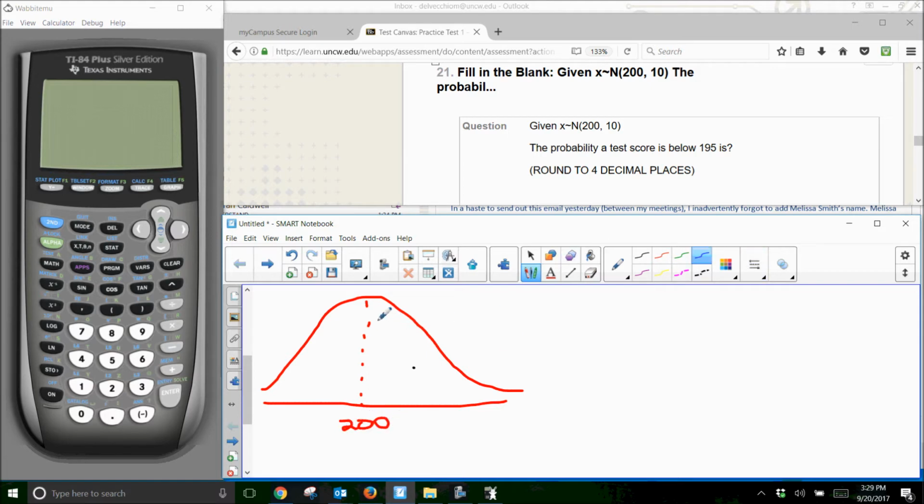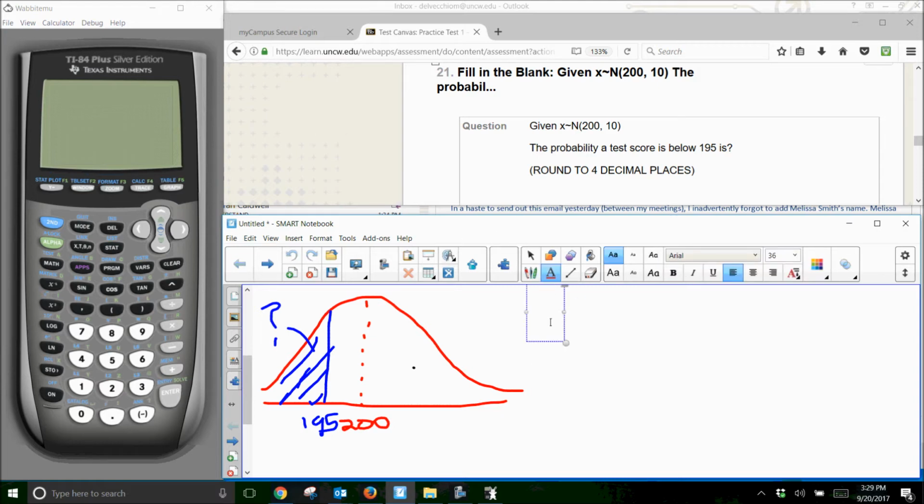This is another color. So we're looking at 195. That's below the mean, right? And we'll be looking for the area to the left. So we already know that this area has to be less than 0.5, right? Because if it was exactly probability less than 200, it would be 0.5 since 200 is the median.